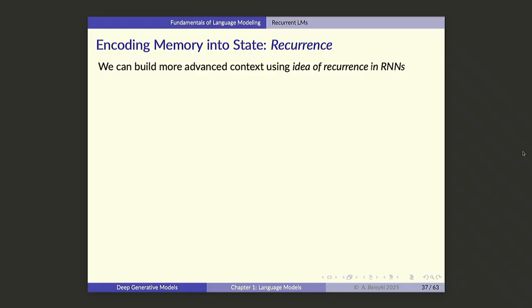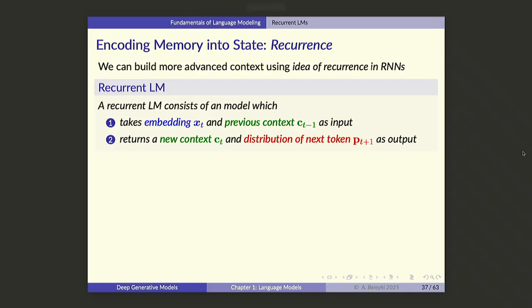So this was the idea of the recurrent neural network, and based on this we can build a language model, right? For instance, we can assume that we have one neural network. This neural network can take as input one embedding x_t and one previous context c_{t-1}. So c_{t-1} is the context that I have made from point 1 to time t minus 1.